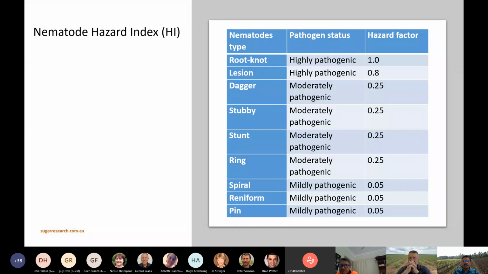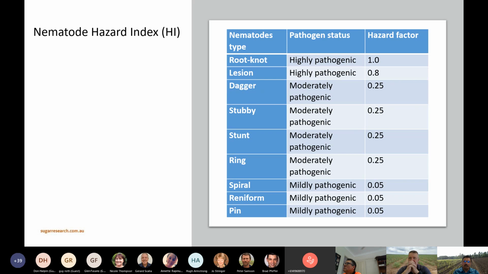So we arranged the nematodes in a range according to their relative pathogenicity. We know that root knot nematode is highly pathogenic, so we gave it a hazard index of 1, and relative to that we assigned the other nematodes.